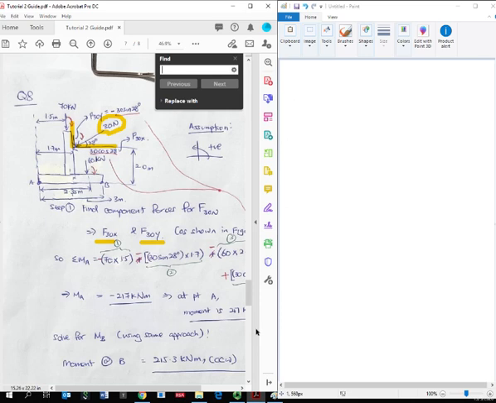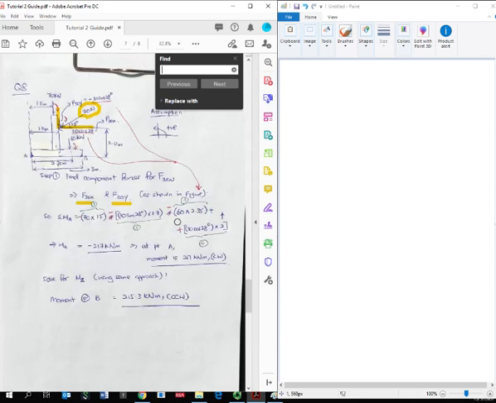So from here, total moment. How many forces do I have?